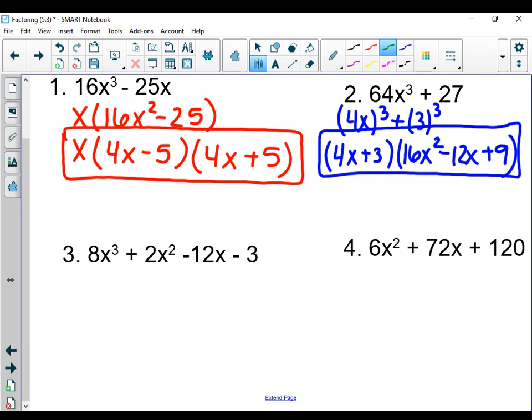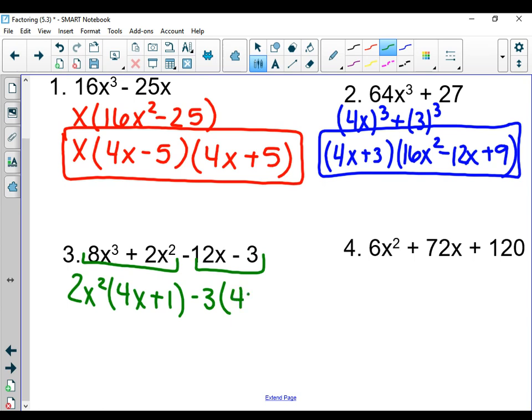What about the third one? Okay, so you group them. You would take out 2x squared from the first group and then negative 3 from the second group. So what am I left with from the first group? 4x plus 1. And you said I take out what? Negative 3. And I'm left with what? 4x plus 1. Okay, and then you just set that up in factored form.